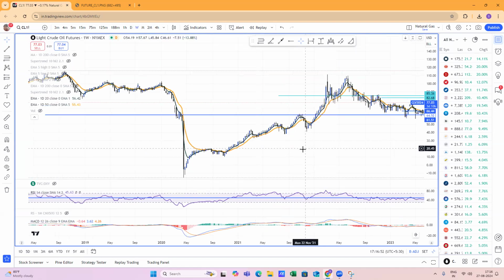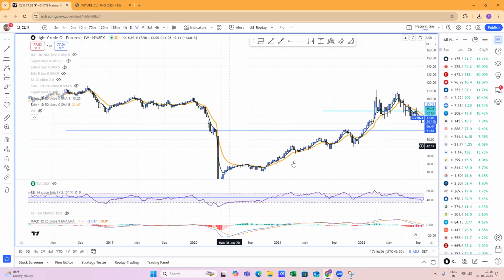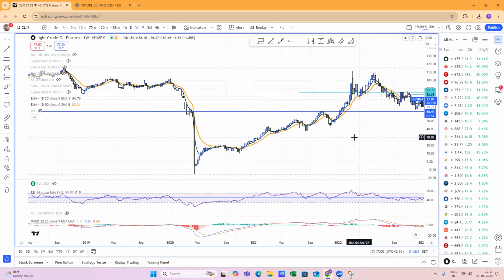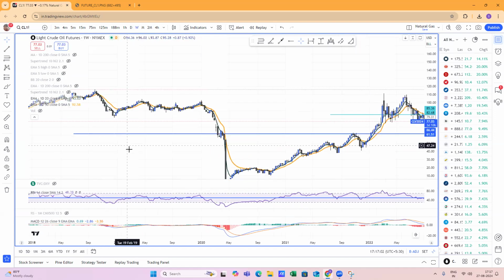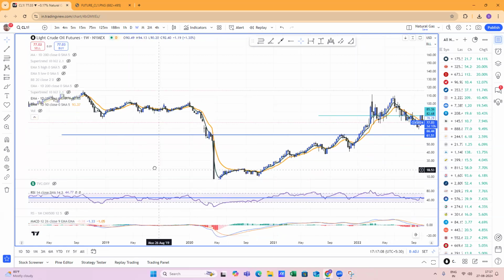Crude oil was on the lower side when Donald Trump was at the helm of affairs, and I am using the adjusted chart.